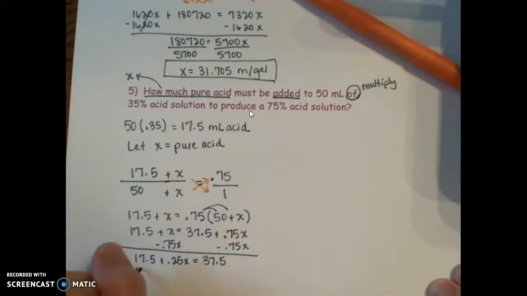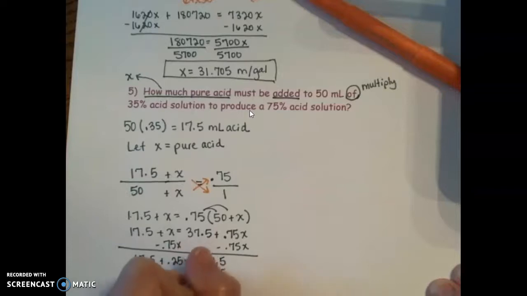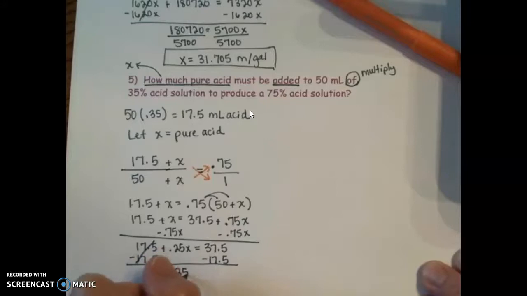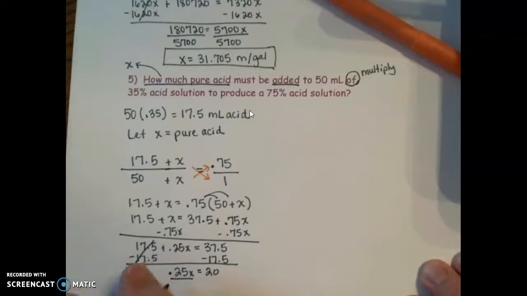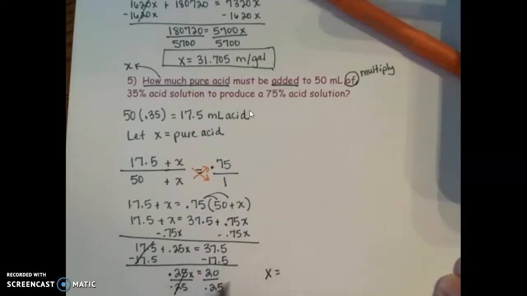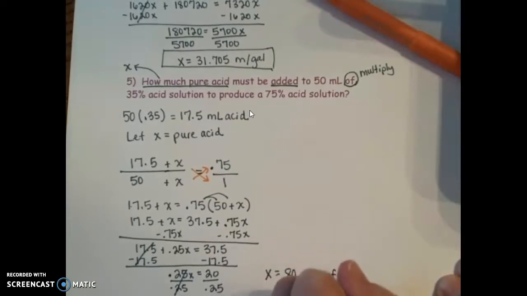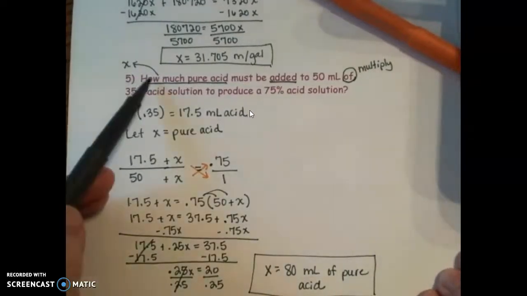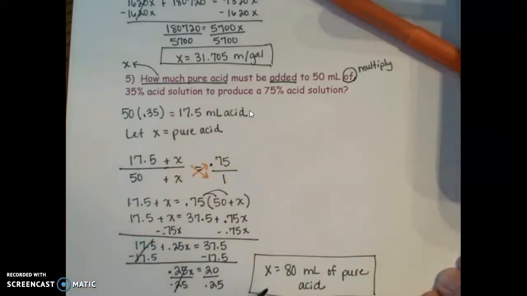Then I'm going to subtract that 17.5. So we'll get 0.25x equals 20. We'll then divide by the 0.25, and you're going to find out that x equals 80 milliliters of pure acid. And again, we let x represent the pure acid, so you're finished with the problem.